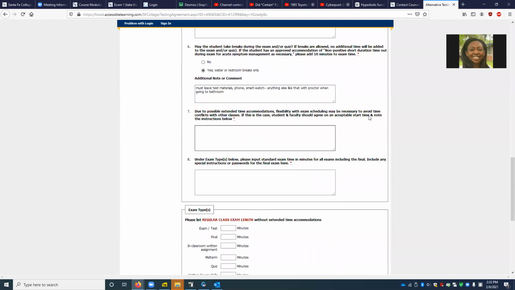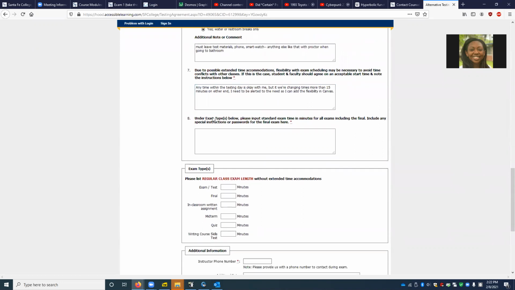Due to possible extended accommodations, flexibility is the case for start and stop times.